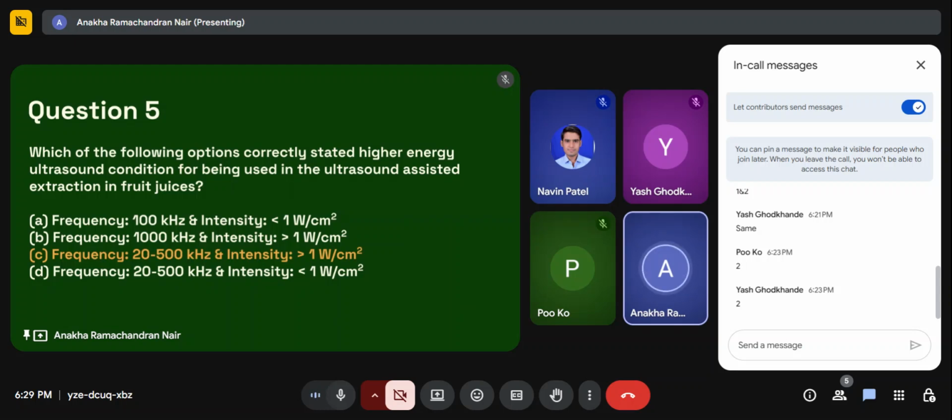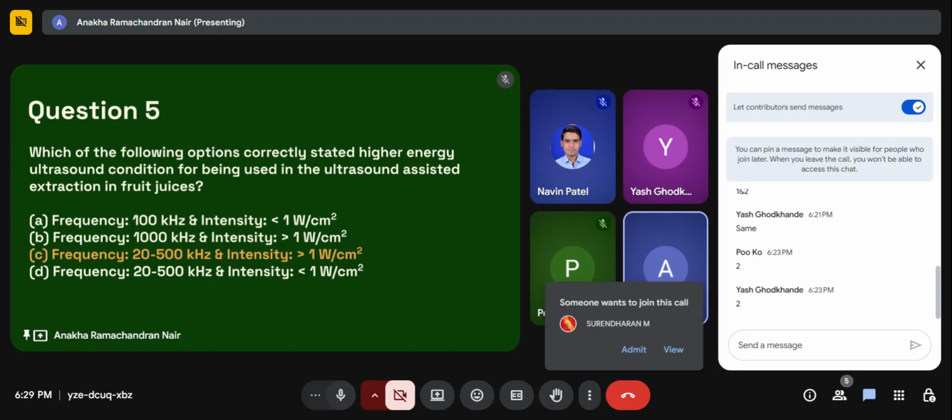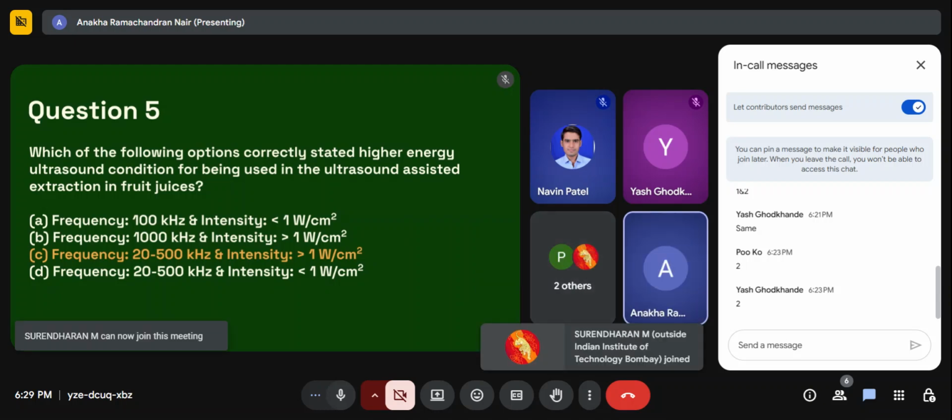Any doubts in this question? Alright, so let's move on to the next question.